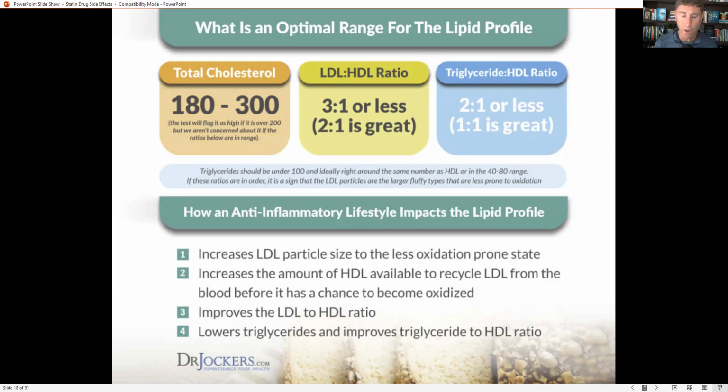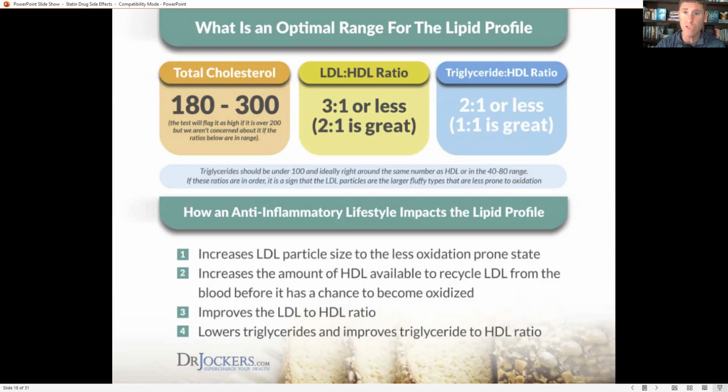That's a great ratio. However, there is a certain body type, we call them lean mass hyperresponders, and I'm actually one of them, where lean mass hyperresponders, when their insulin goes down, they're on a low carb diet, they do intermittent fasting, they end up with higher levels of LDL.